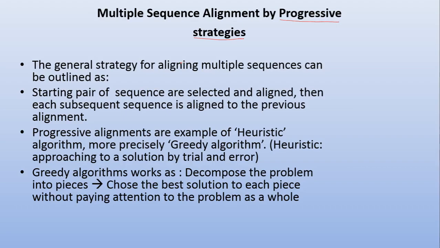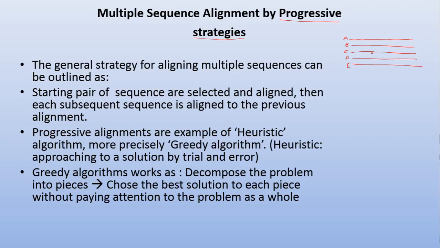Subsequently, each of the remaining sequences is aligned to the previous alignment. For example, say we have been given the task of aligning these 5 sequences that I am showing over here: sequence A, sequence B, C, D, and E.